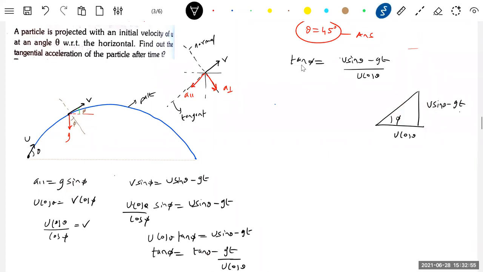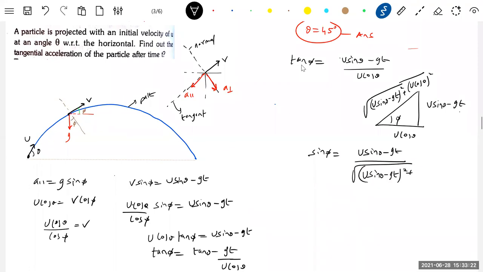So this will be equal to how much then? u sin theta minus gt whole square plus u cos theta whole square. Sin phi will be... let me simplify.